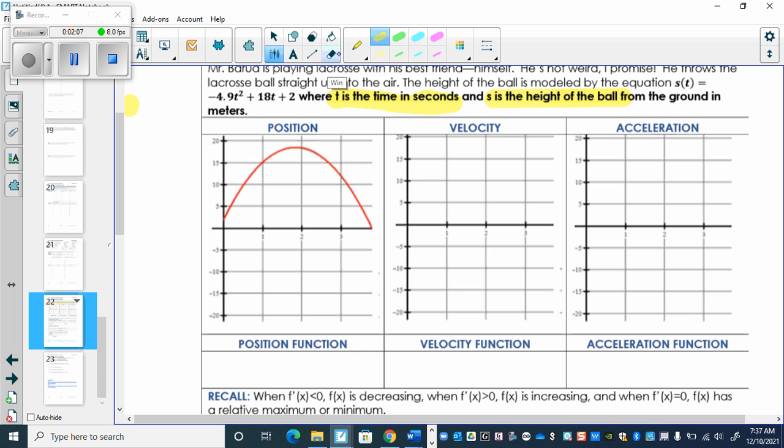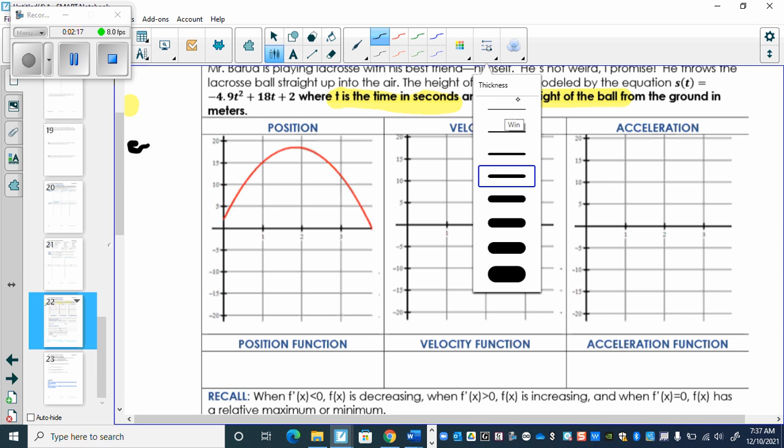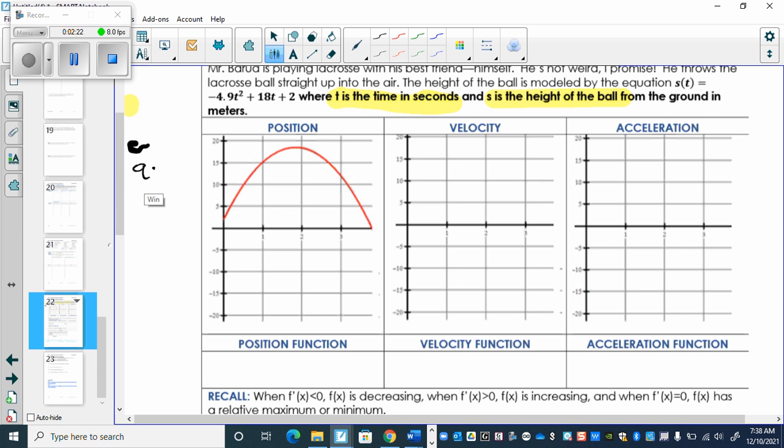And what I want to emphasize here also is that with derivatives, if I produce, first, this is really big, a quadratic, the derivative of any quadratic is going to be a linear function, and the derivative of any linear function is going to be a constant function.